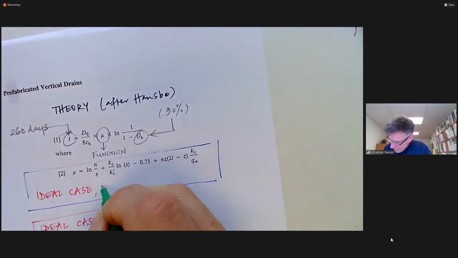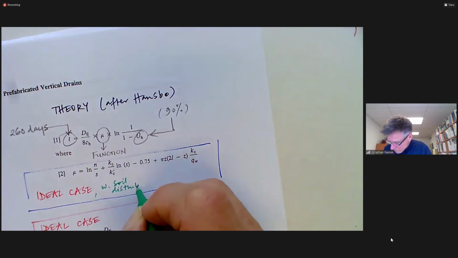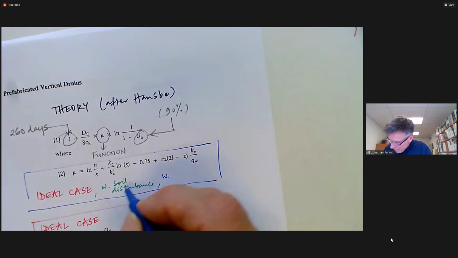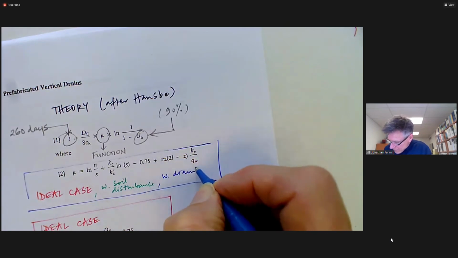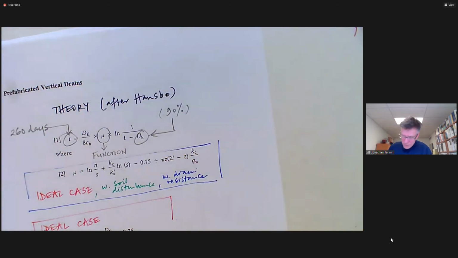With soil disturbance. And with drain resistance. Okay.